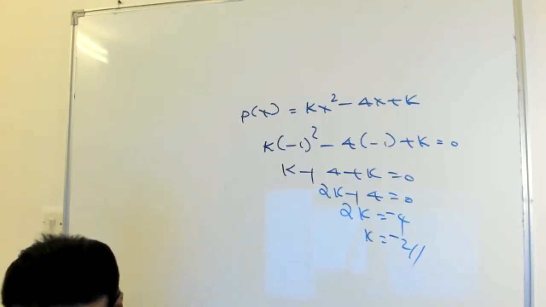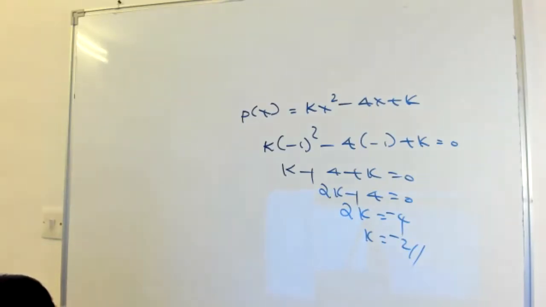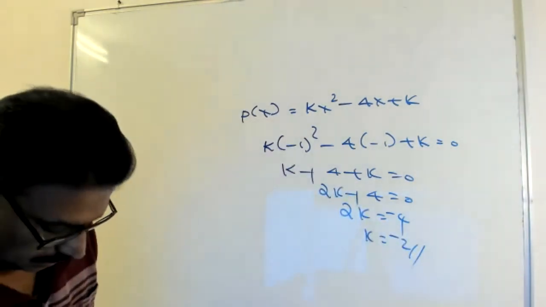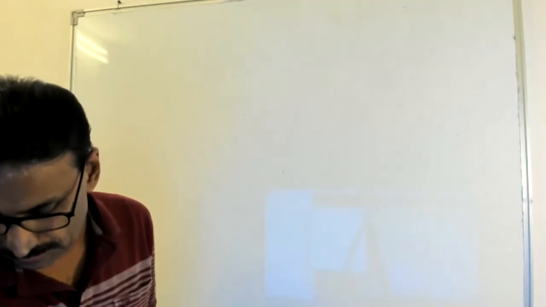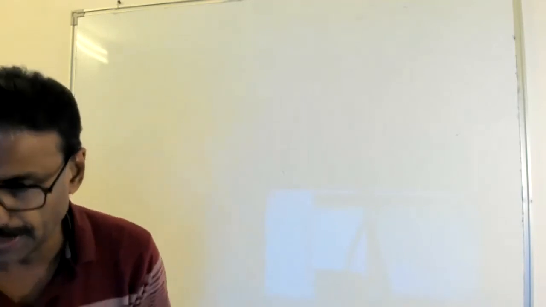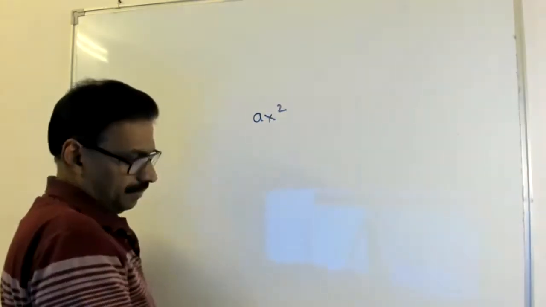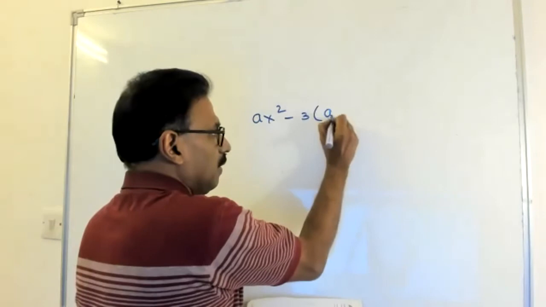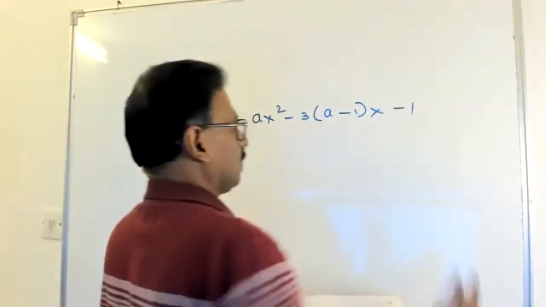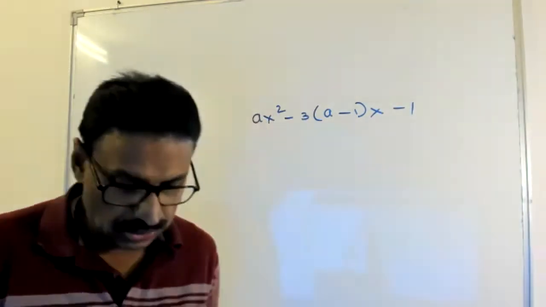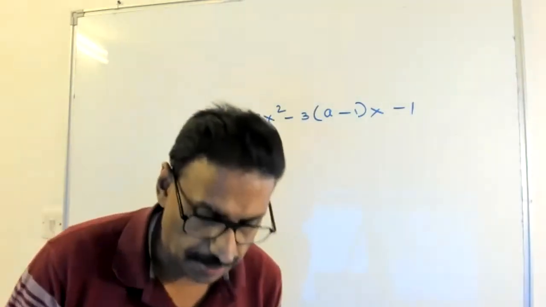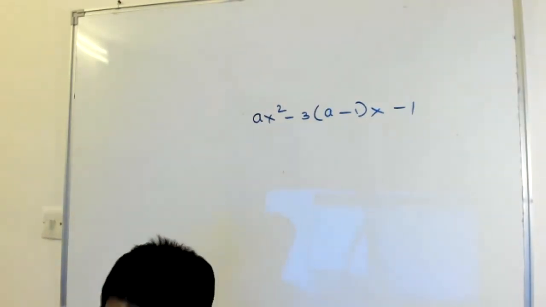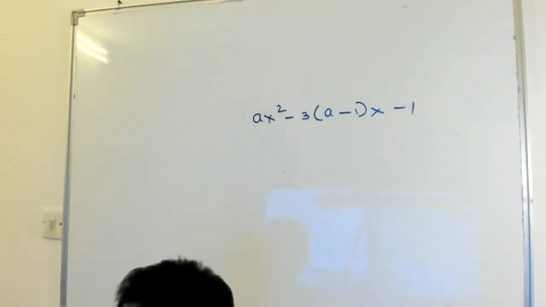Okay, next question. If 1 is a zero of the polynomial ax square minus 3 into (a minus 1) into x minus 1, find the value of a.